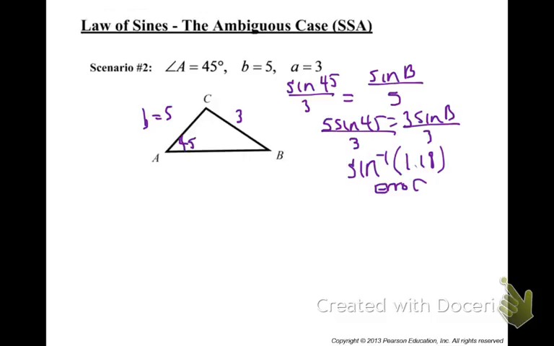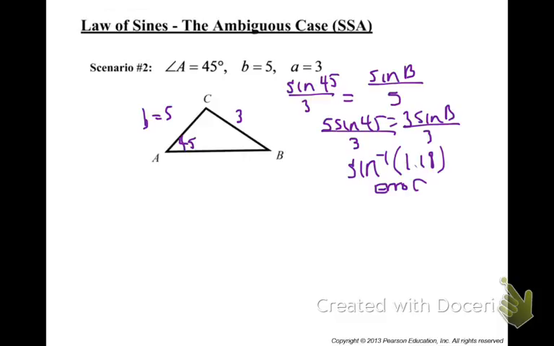It is out of the domain, right? Because your domain for your inverse has to fall between what? That's on your 1 page. It has to fall in between the -1 and the 1. So does 1.18 fall in your restricted domain? No. Okay? So that's why your calculator gives you the error.